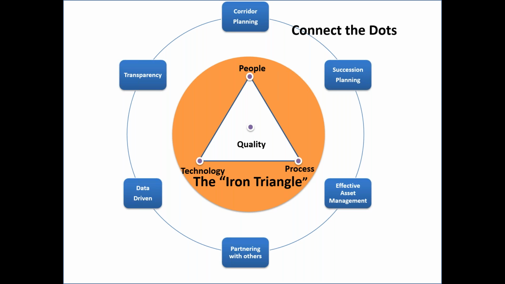The next thing we have to do is connect the dots. So we know what our cornerstones are: it's people, process, and technology. People are connected to process by documentation, and people are connected to technology by training. And processes and technologies have to be compatible.